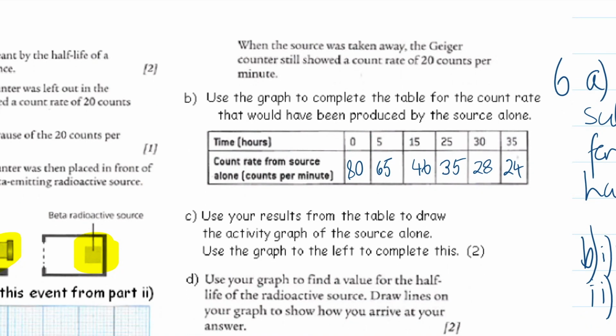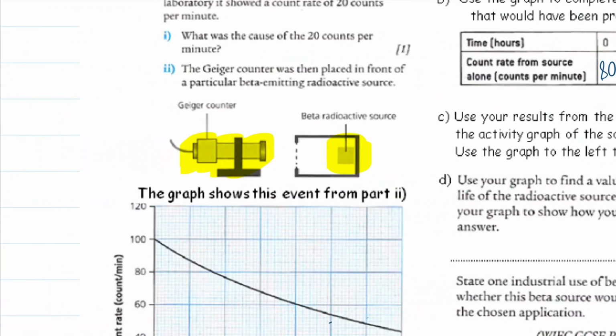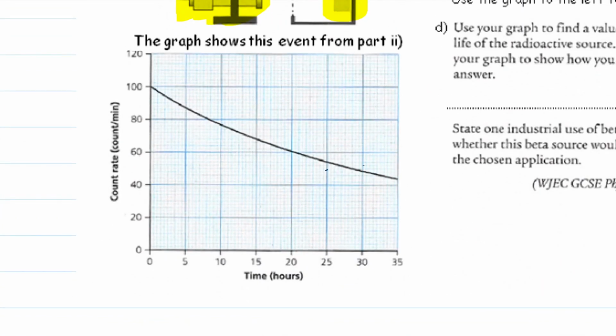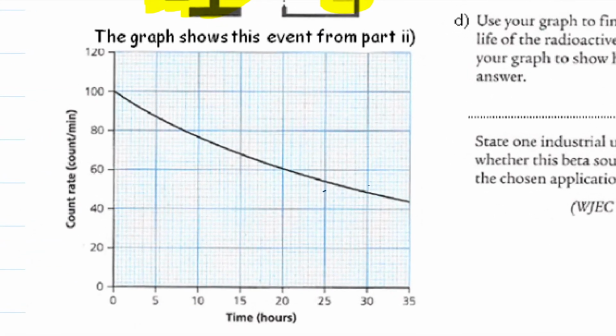Use a graph to complete the table below for the count rate that would have been produced by the source alone. What you need to understand here is that the readings shown on the graph are partially due to the beta source, but partially due to the background radiation.